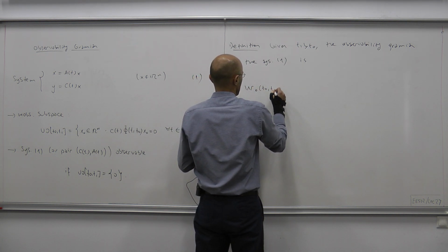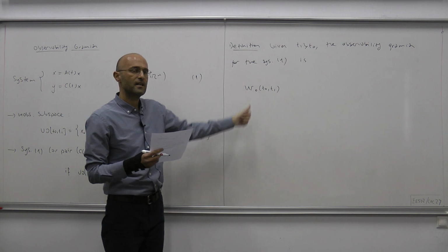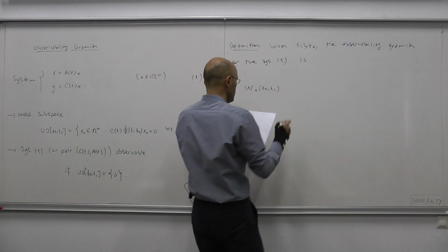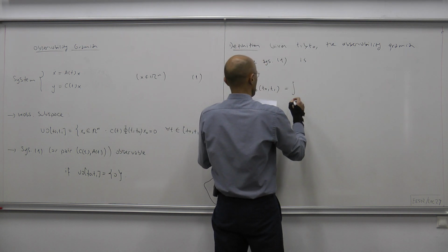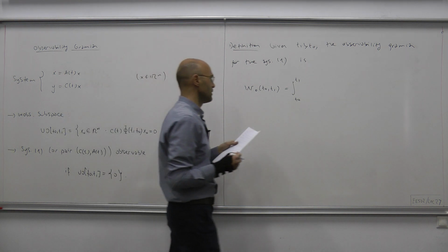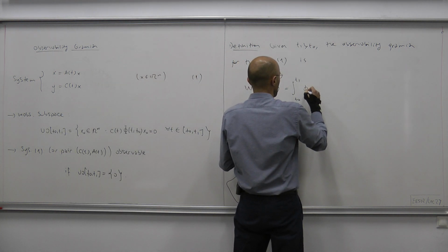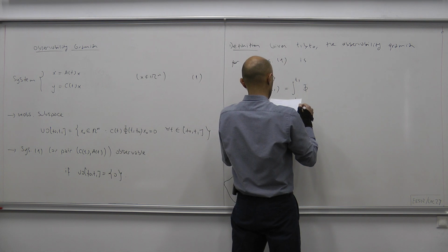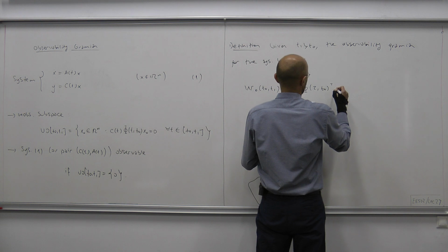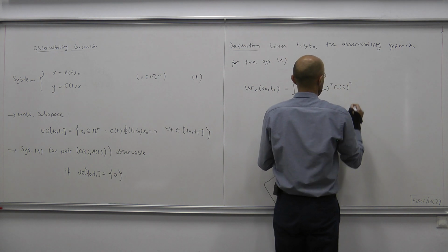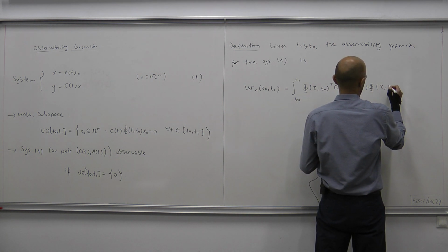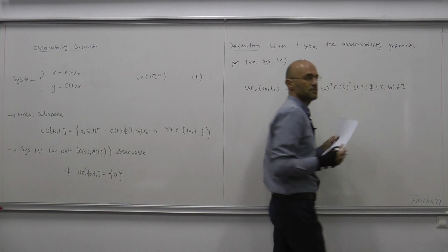This is the notation that we use to indicate the observability gradient, capital W sub O, and it is obtained through this integration from t0 to t1 of phi(tau, t0) transpose C(tau) transpose C(tau) phi(tau, t0) d tau.